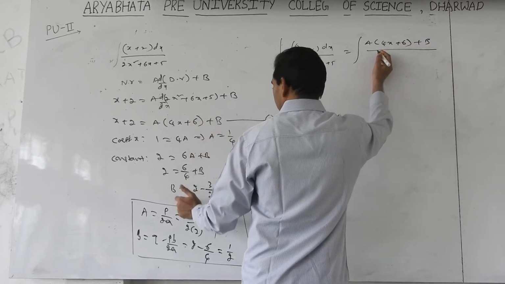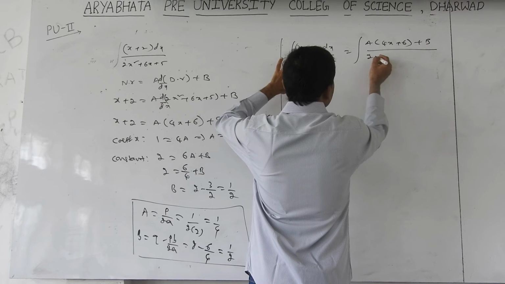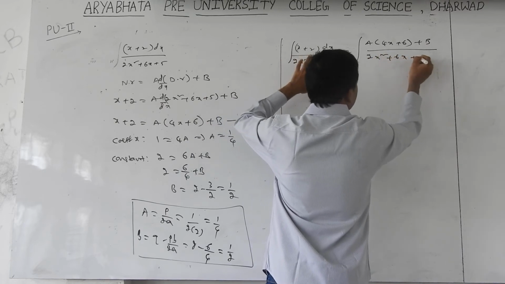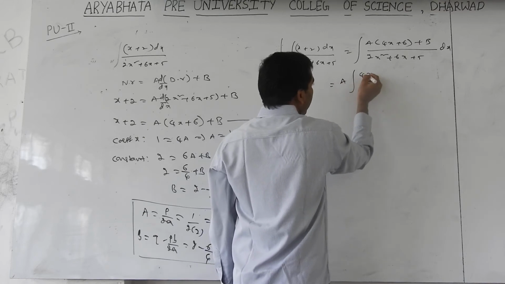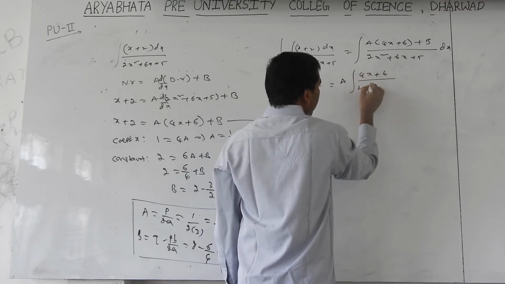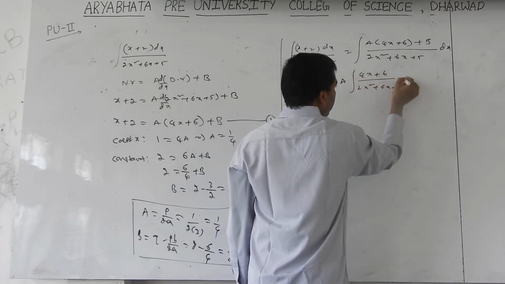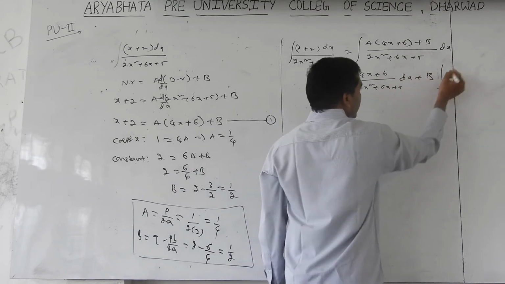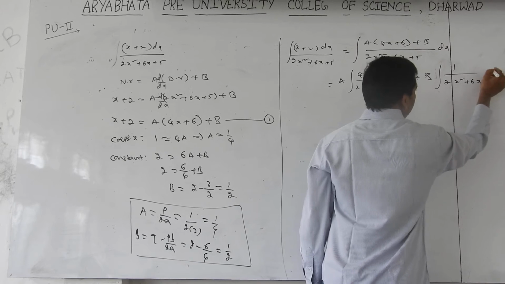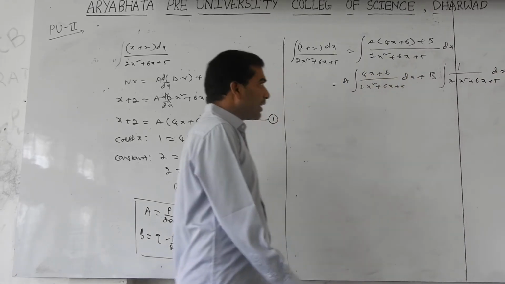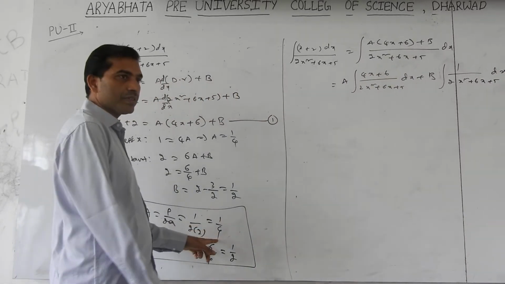A we have already got. Substituting that a, it becomes integration of a into 4x plus 6 by 2x square plus 6x plus 5 dx plus b into 1 by 2x square plus 6x plus 5 dx, where a is equal to 1 by 4.